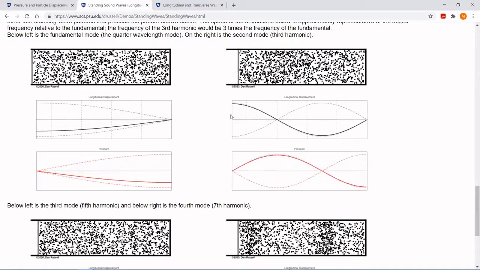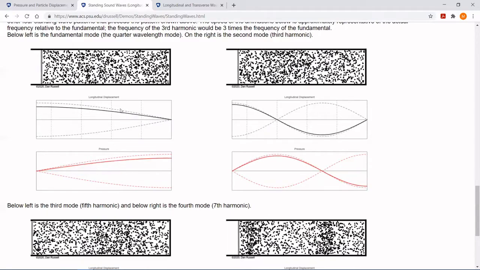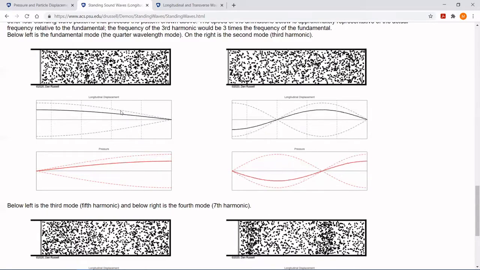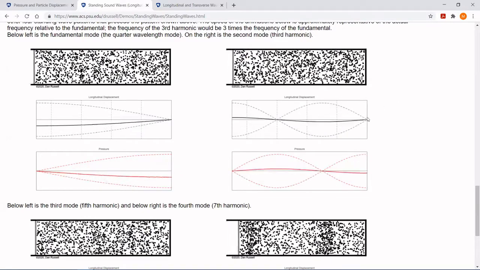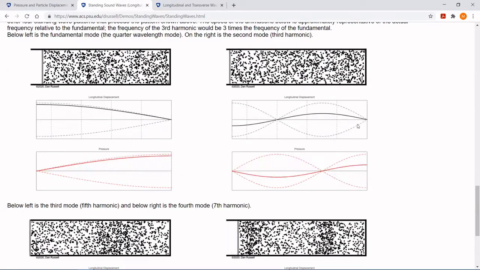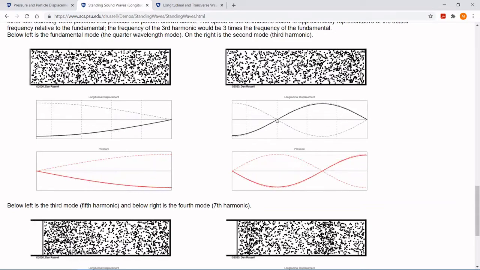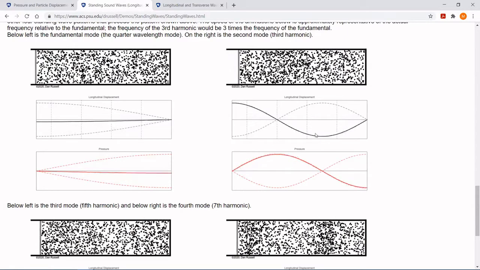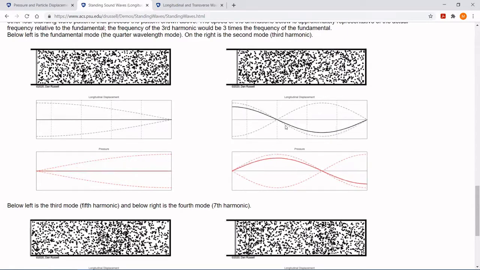So you may be thinking, do we have to jump from this picture to this picture? This first one had 1/4 of a wavelength. This one, if we count, I'm going to go from the right end, that's 1 hump, which is half a wavelength. Or you could say 2/4 of a wavelength, right? One hump is half a wavelength, which is the same as 2/4.